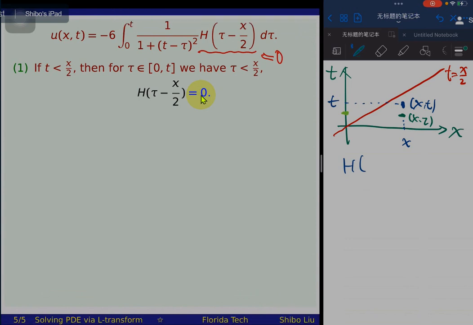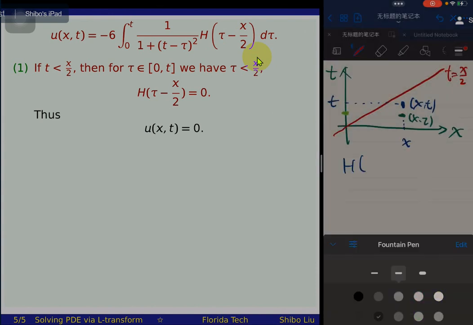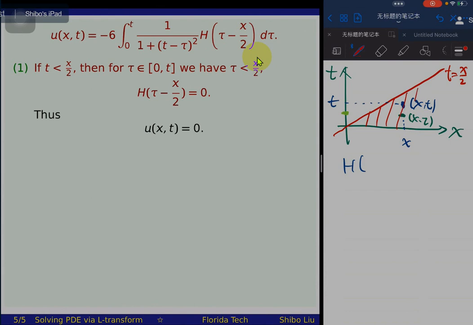Because for all tau between 0 and t, this capital H is 0. So we conclude that u is 0. That is to say, at this region, u is 0. Every point satisfying t less than half of x, our u is 0 here.